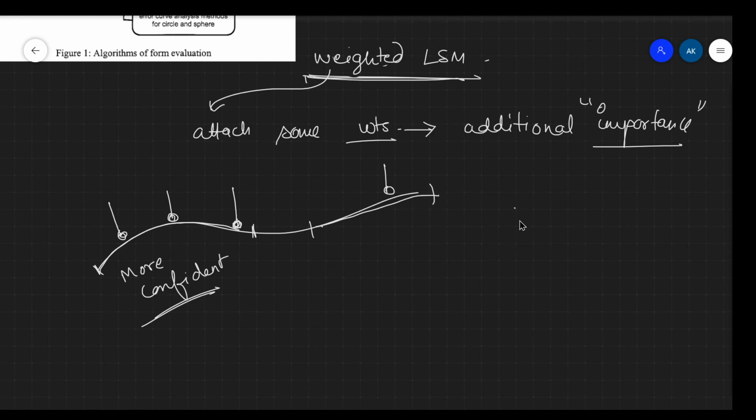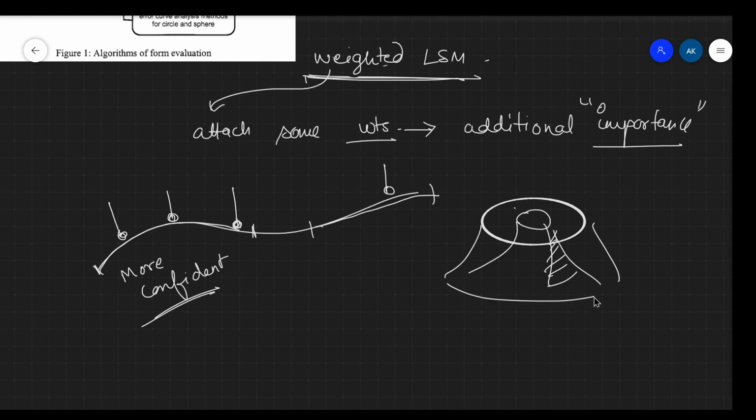Suppose there is an intricate casting, a very intricate casting, and inside there are veins. You put your CMM probes. From outside, you can take all the measurements very nicely. But inside, how will you take them? You will not be sure that even if I'm putting a probe inside, I got a proper contact or not. So this is a zone where you are not confident.